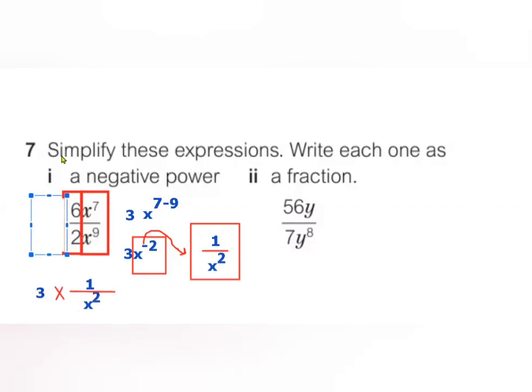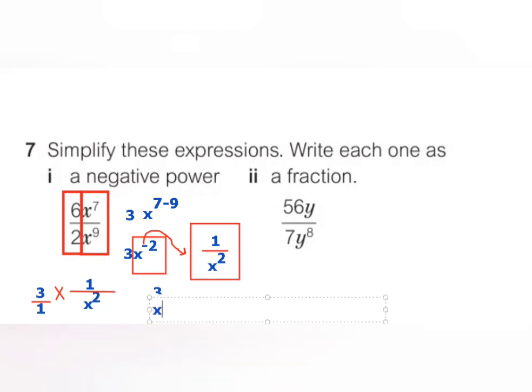Now, when you multiply, you're going to multiply the numerators first. And the 3 here is a whole number, so the denominator will be 1. You have to focus on all of this information because it will help you to answer the question. Now, the 3 is multiplied by the 1 because numerators are multiplied by each other. So the answer will be 3. And then in the denominator, we have 1 times x squared.